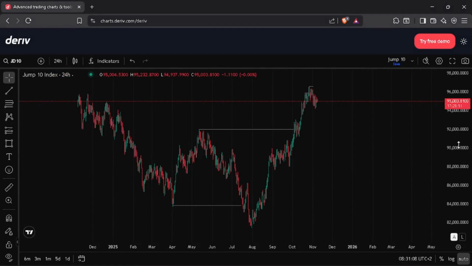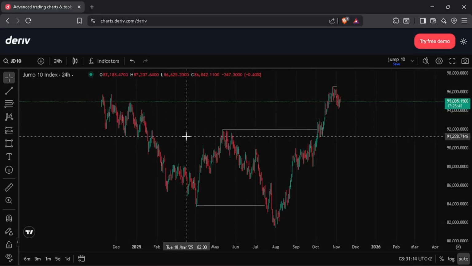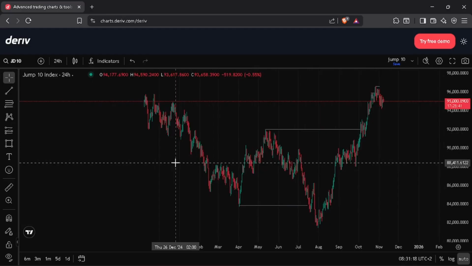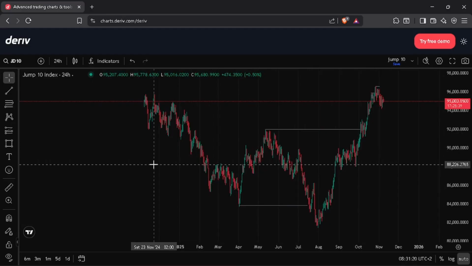you're on the Windows version, you actually won't see what happened on your daily time frames. Like as you can see, this is to the 23rd of November 2024.